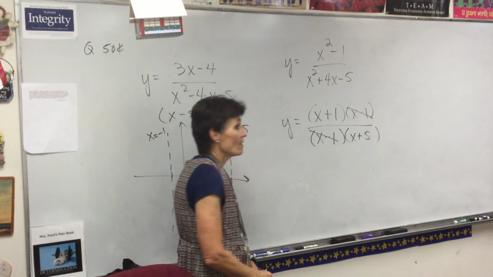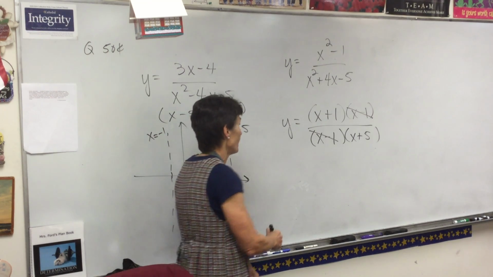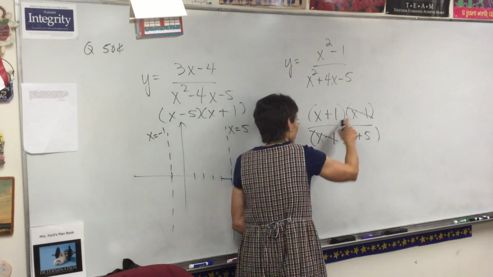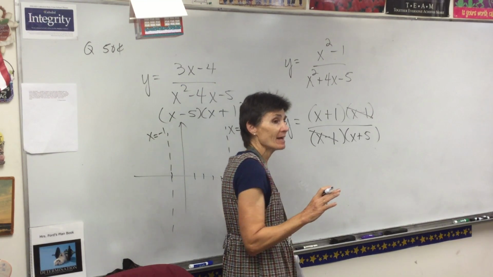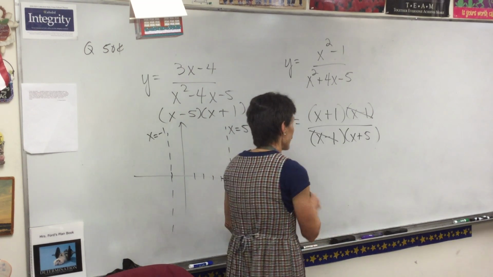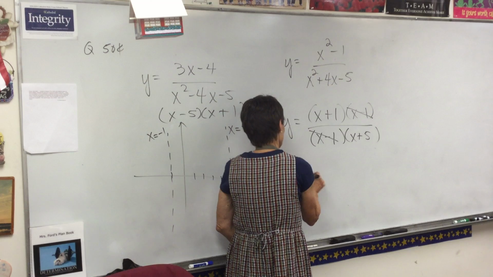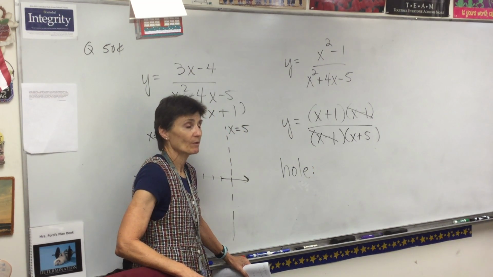Boys and girls, this introduces something that's going to be important for us when that happens. When you can cancel, it is not an asymptote. It is a hole. A hole is simply an open circle in the graph.